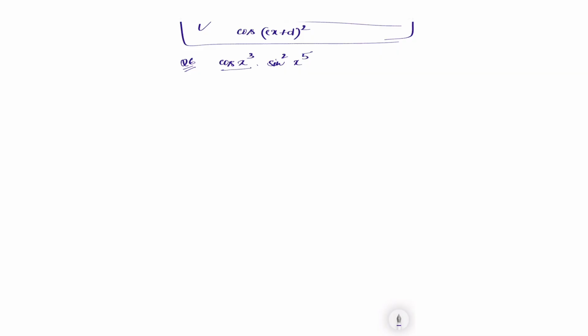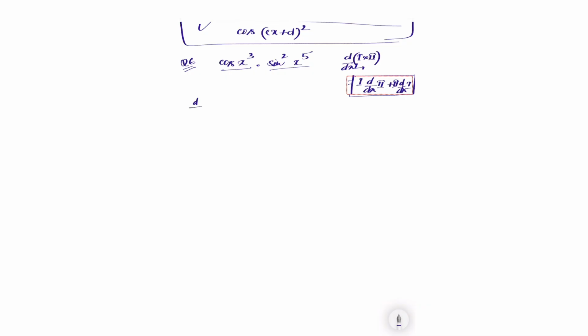Cos x cube into sine square x power 5. So first into second is there, means multiplication rule. If ddx of first into second, the answer will be first ddx of second plus second ddx of first. This is the multiplication rule. We'll apply the multiplication rule here.